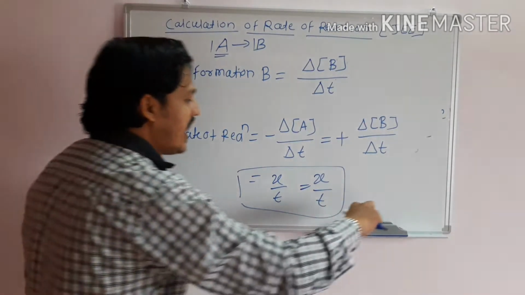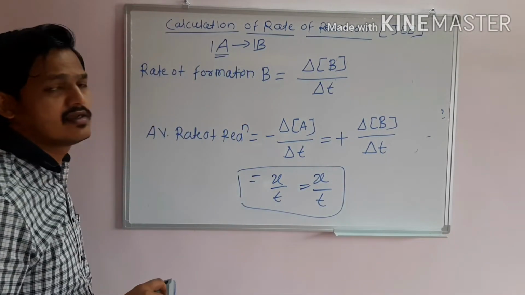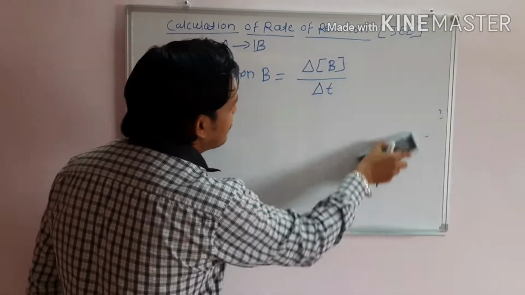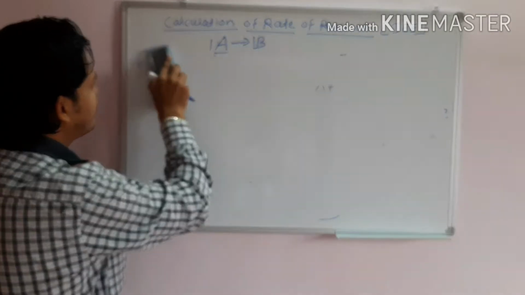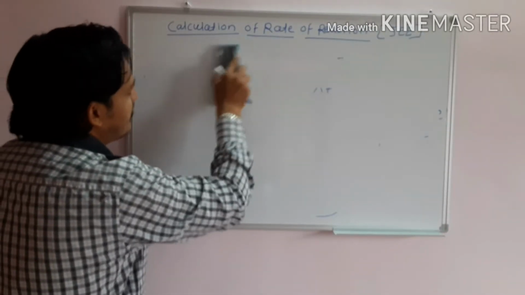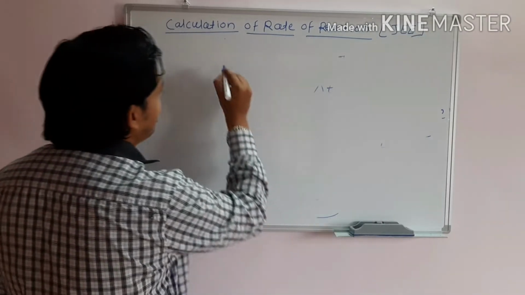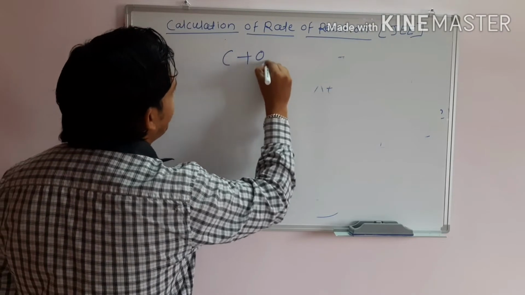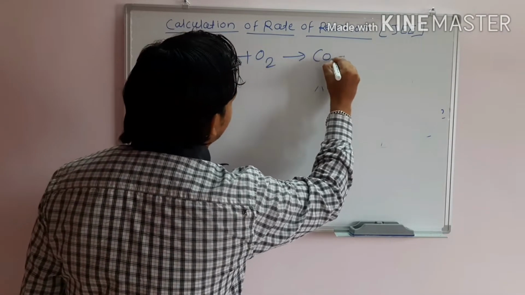Now I am taking a general reaction to write the rate of chemical reaction. Last time I took the example C plus O2, which gives CO2.